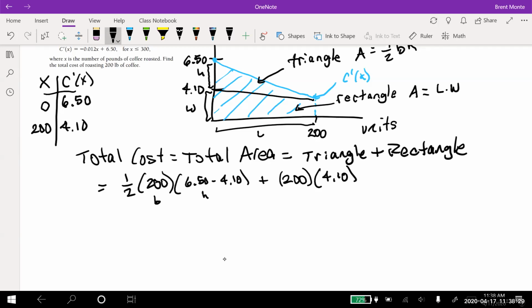And now I'm just going to do this on my calculator. I'll do it as two pieces. So let's see. I've got 1/2. Well, 1/2 of 200 is just 100. I'm just going to say 100 times, and then in parentheses, I'll let it do the math for me: 6.5 minus 4.1. I guess I could have done that in my head. But this piece is 240. Plus this piece, well, we can just do that in our head, can't we? That's going to be 820.